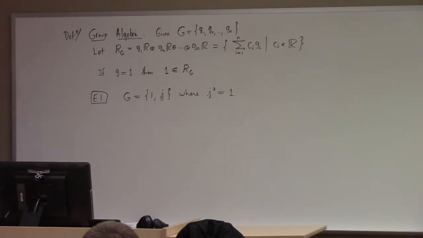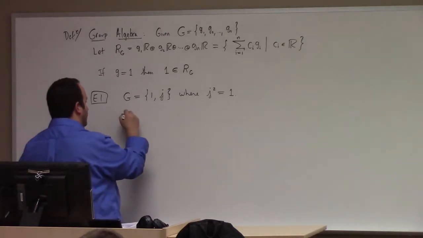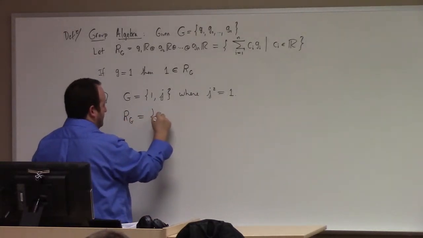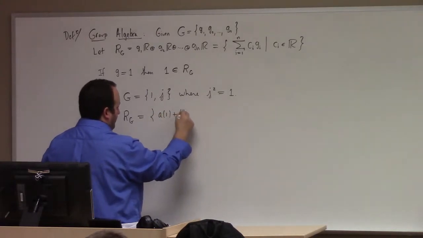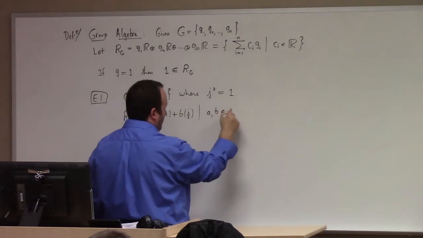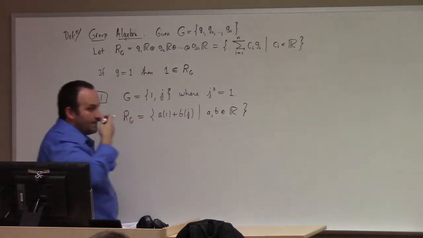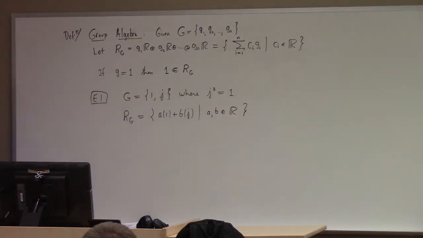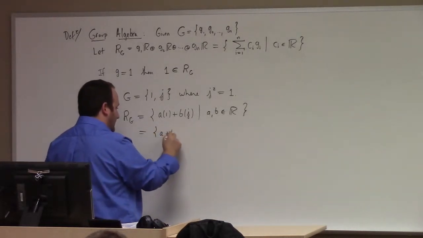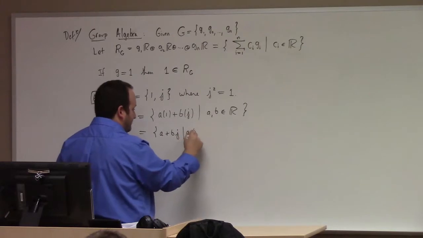So the group algebra of this would be what? Last class, I talked a little bit about this thing. These are the hyperbolic numbers.